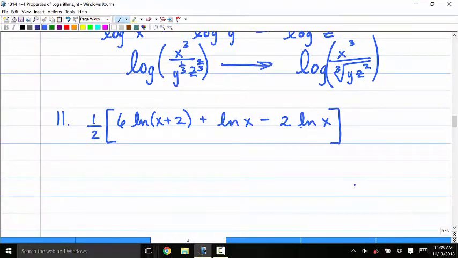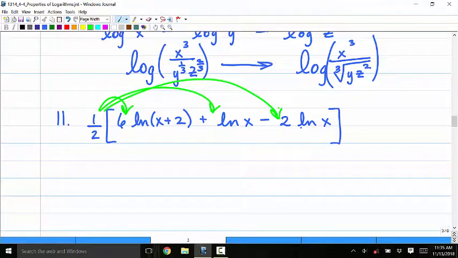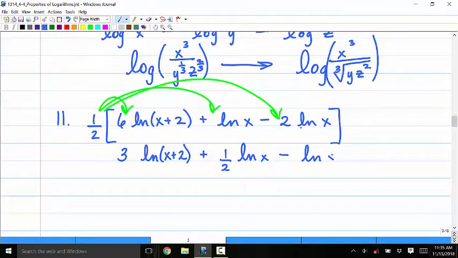Number 11. How would you write that as 1 ln? First thing I would do is distribute that 1/2. And it would become 3 ln of x plus 2, plus 1/2 ln x minus ln x.